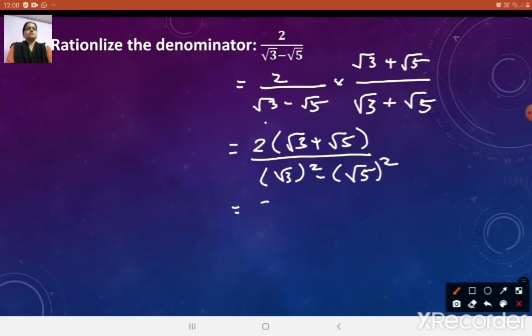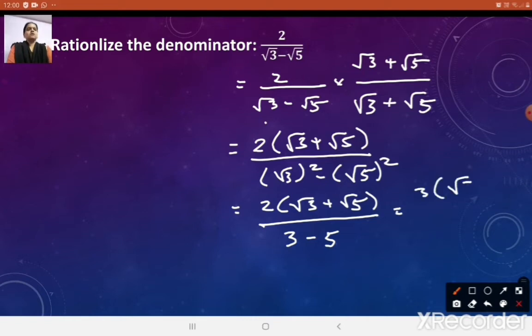Which is equal to 2 into root 3 plus root 5 upon, root 3 square is 3, minus root 5 square is 5. So 3 minus 5 is minus 2. So the 2 and 2 will get cancelled, but the denominator minus 1 is left.